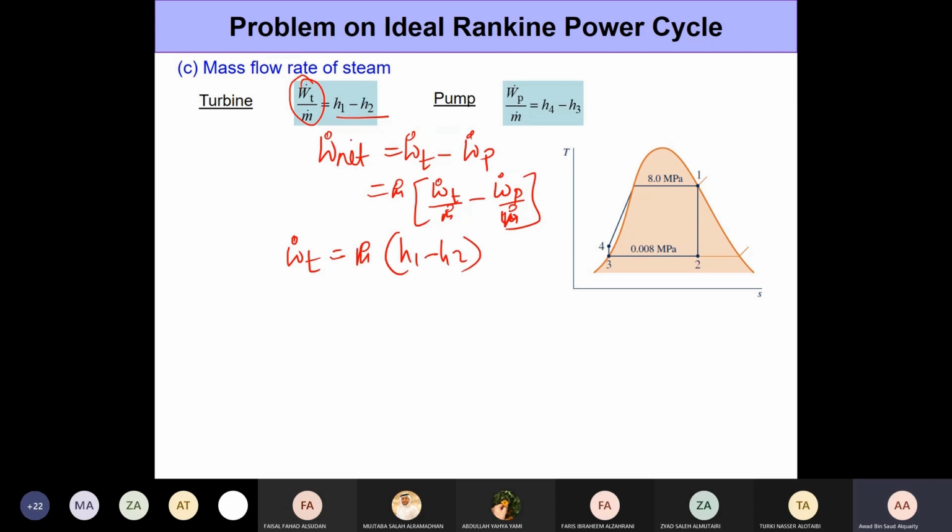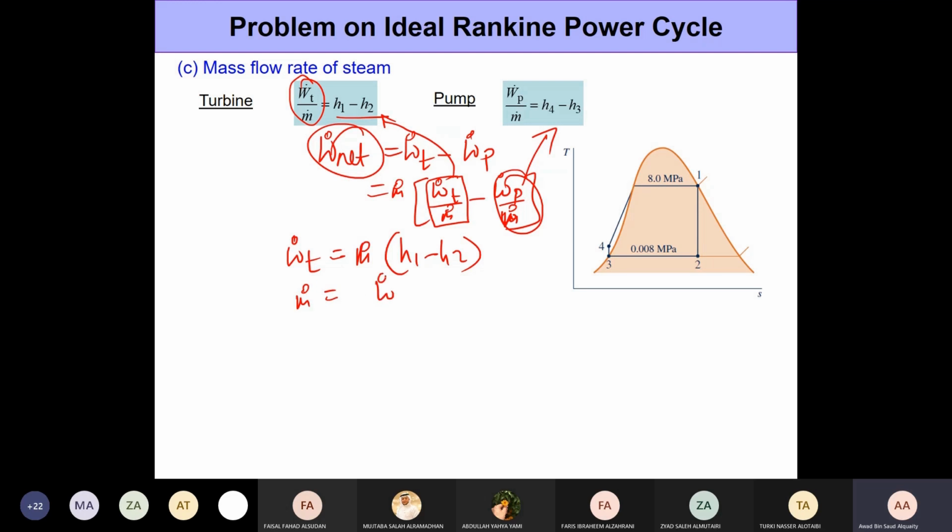The key point is that we know this value of net work output. We know the work output per unit mass from the turbine, which is this difference in enthalpies. Same way we know the work input per unit mass in the pump. So you just have to divide.